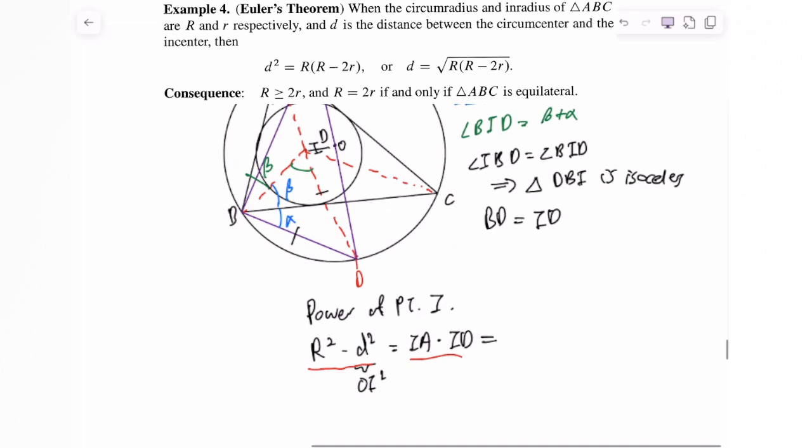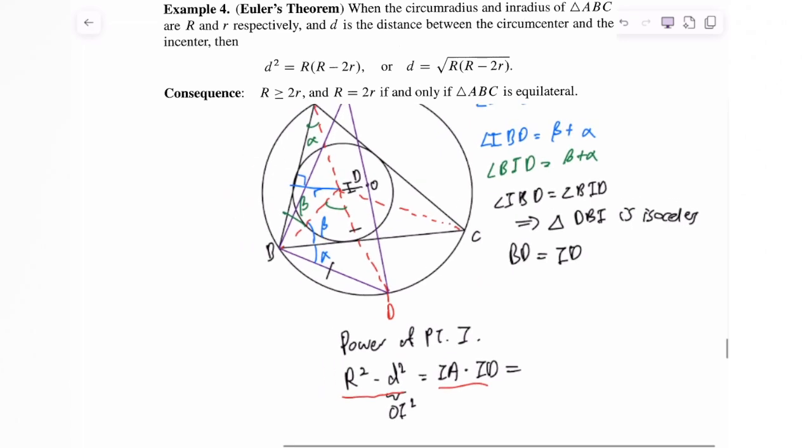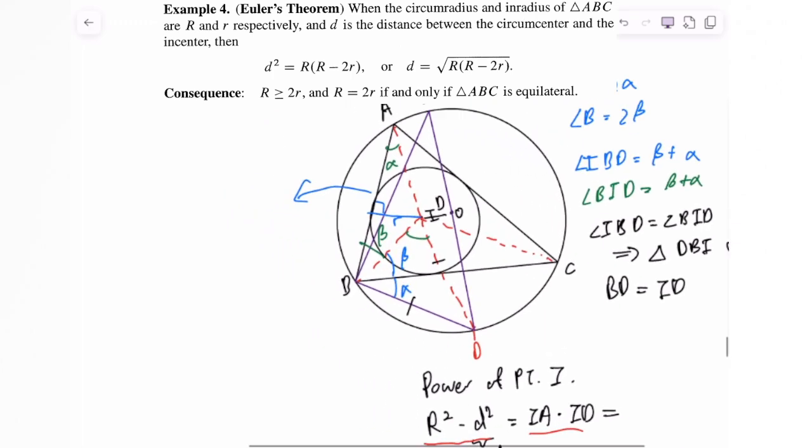First, let's take a look at IA. We want to find out what IA is, first of all. So IA is this length here, right? If you drop a perpendicular down from I to AB, the length of this perpendicular would be the radius of the incircle, which is small r. Okay, so let's side note this.